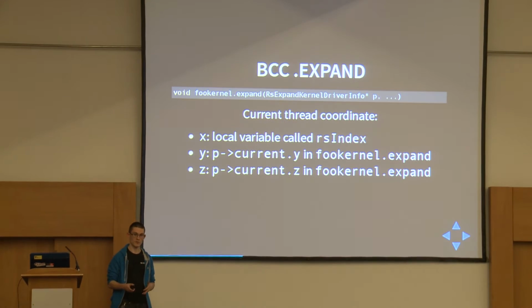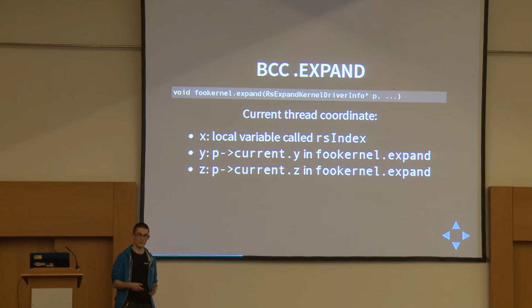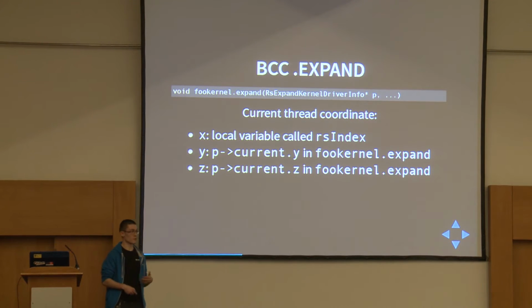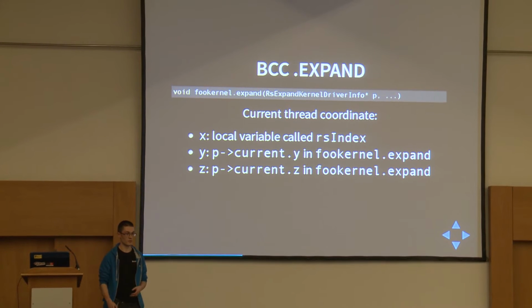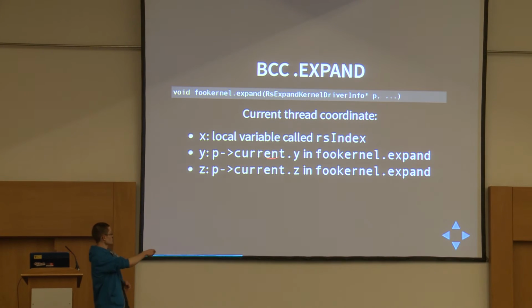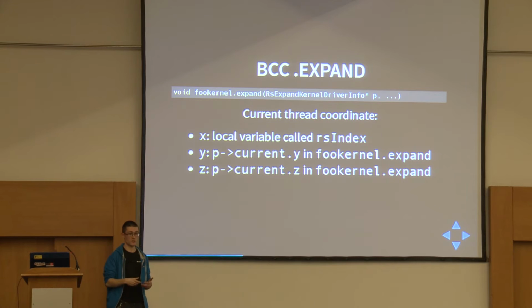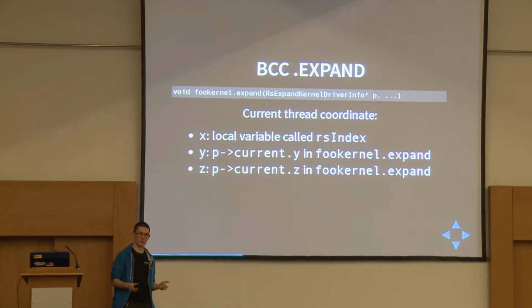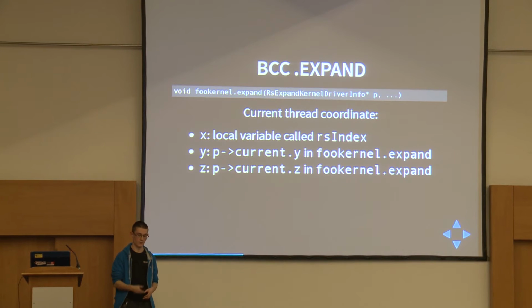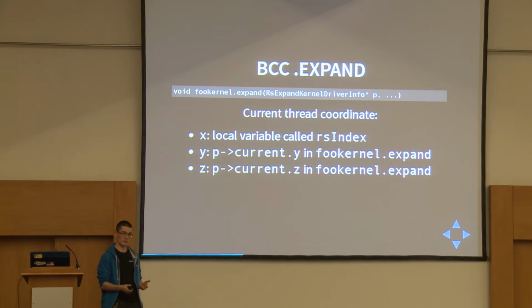So in RenderScript, you can execute in 3 different dimensions, X, Y, and Z. The way we access that is through 3 different variables in the .expand. We've got rsIndex, which is a local variable, and then we've got Y and Z, which come from a pointer to this struct that's passed in. And this struct contains tons of really useful information about how the scheduling is done, like what chunks are being divided up thread-wise, and just the total scope of all the threads. But really, this is what we're interested in, the current thread ID.